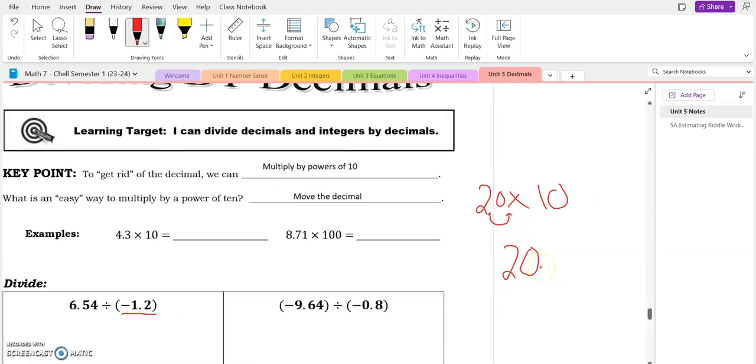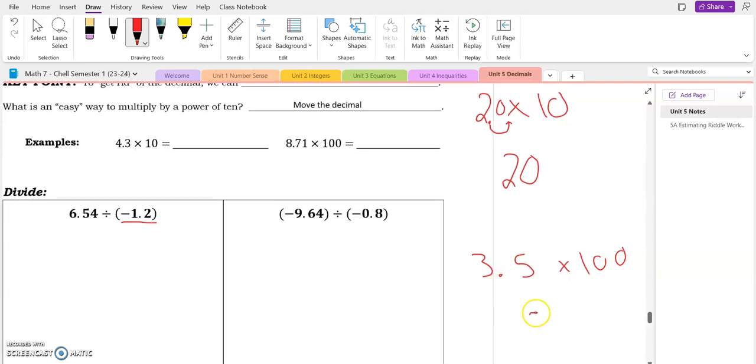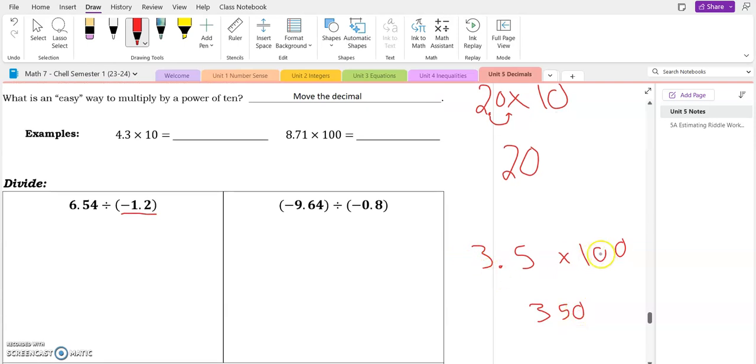We got 20. If I had 3.5 times 100, well, 3.5 times 100 I know is going to be 350, because we know 3 times 100 is 300. Or, we have 2 zeros here, we move the decimal once, twice, and put a 0 here.